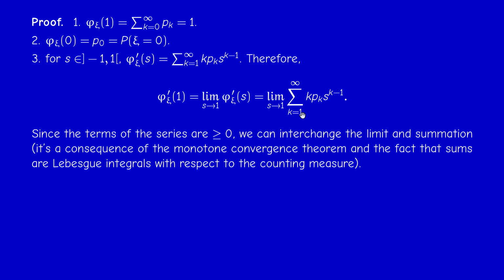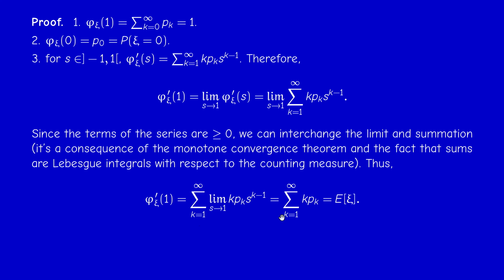So there's a corollary of the monotone convergence theorem that you studied in measure theory that tells you that we can interchange limit and summation, or limit and integral. Okay? So the limit of the sum is sum of the limits. Okay? And the sum of the limits is just k p_k. And this is precisely the expectation of xi.